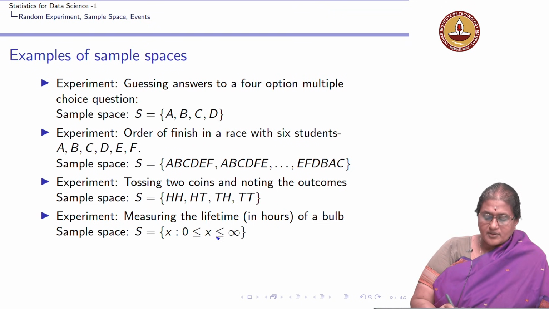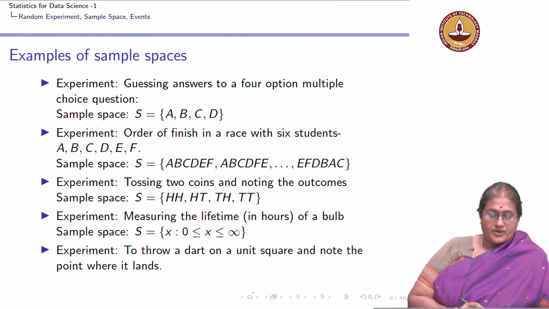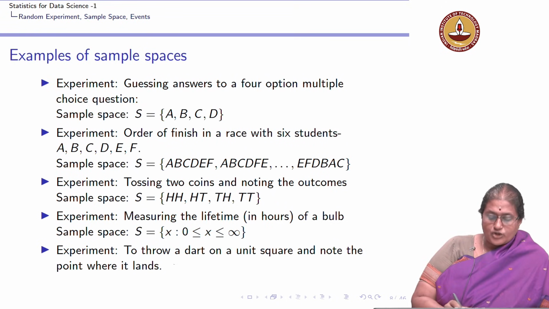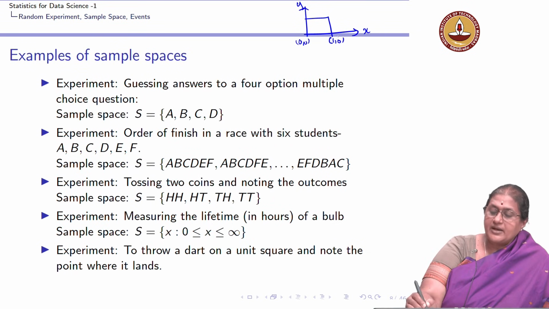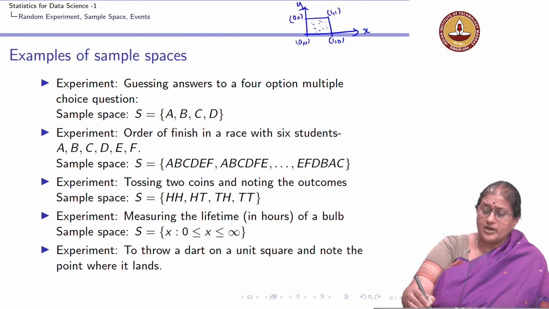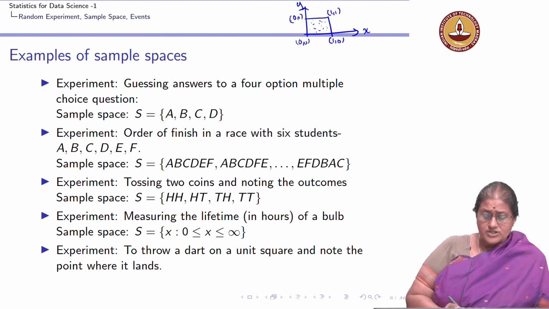The next thing is, when I throw a dart, I have already told you that this is going to be my x axis, y axis, and this is going to be the square. If I represent my points in the square using the coordinates x, y, I could include my boundary points also.